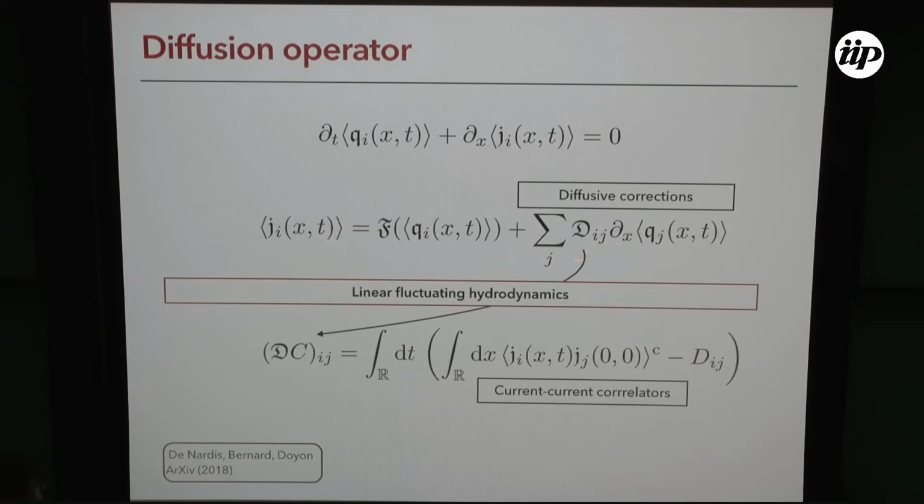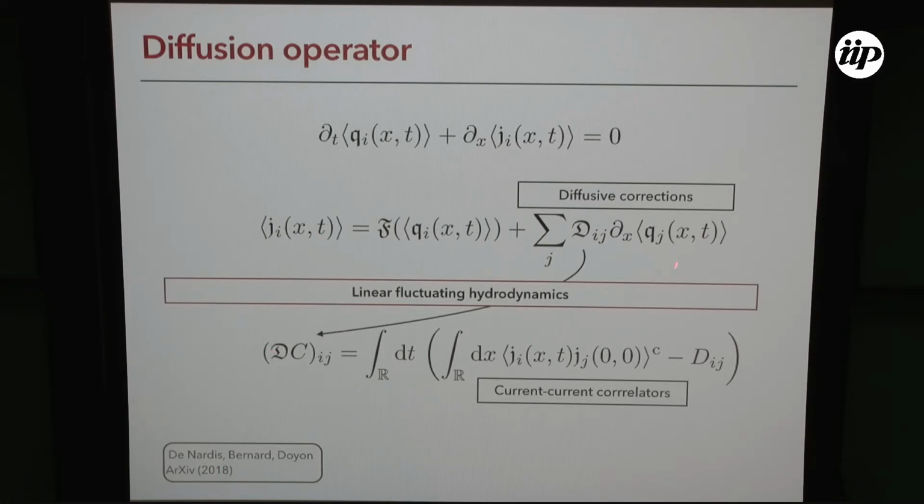That this operator exists. You're just doing, if you want, a gradient expansion of your current around the values of your charge. This is computed on some stationary state exactly. Yeah, this is, of course, the whole idea of linear fluctuating hydrodynamics.